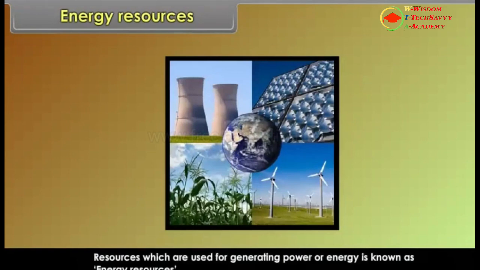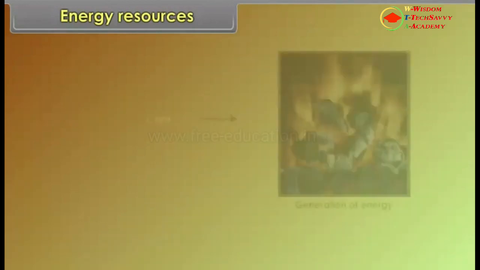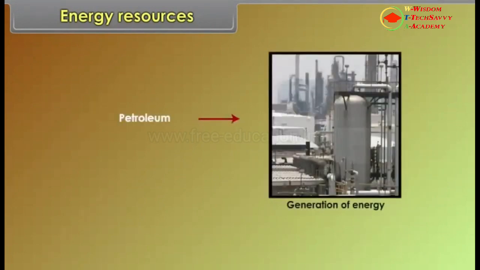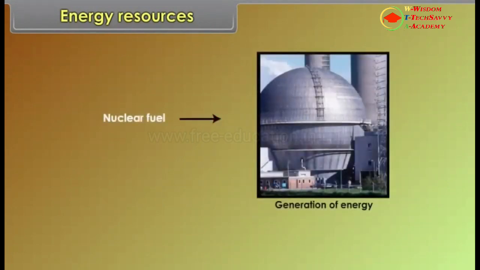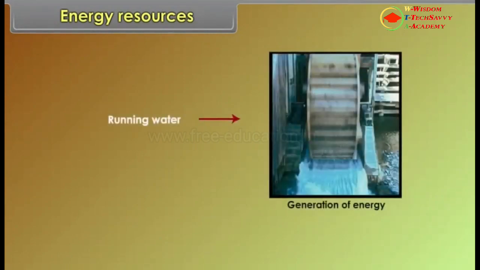Resources which are used for generating power or energy are known as energy resources. Now, we can list out some energy resources through which we can generate power or energy: coal, natural gas, petroleum, nuclear fuel, wind, running water.